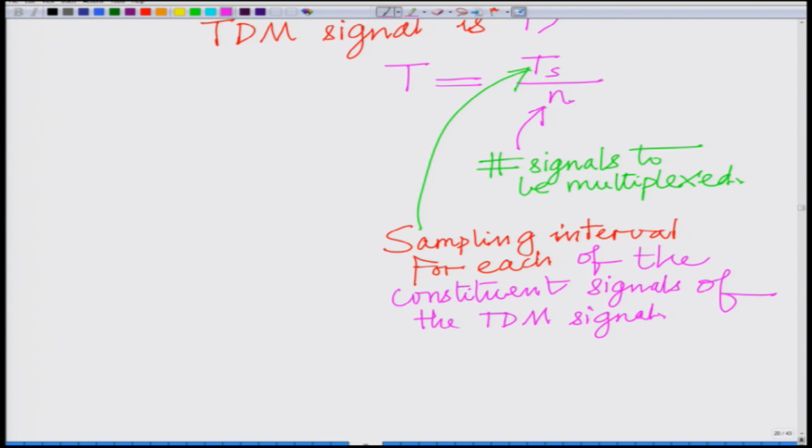So, the spacing between consecutive samples of the TDM signal is Ts by n, where n is the total number of signals.